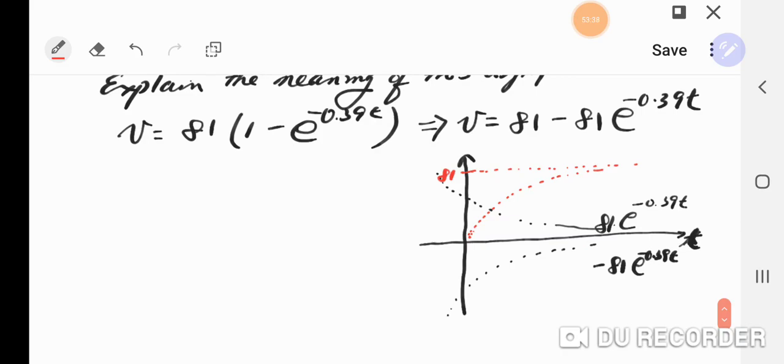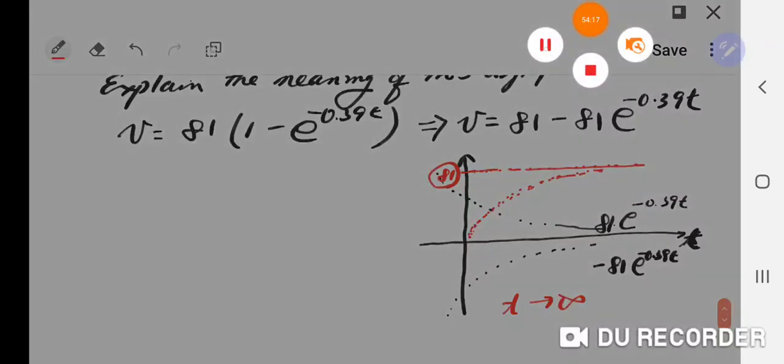If this is 0, then 0 is minus 81. So something like this. As you can see here, this is the horizontal asymptote. As time approaches infinity, the velocity is approaching what? The value 81. So 81 will be the maximum value the graph approaches as time increases.